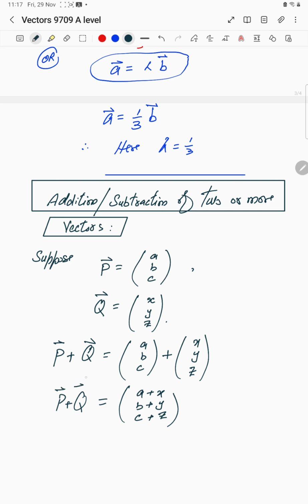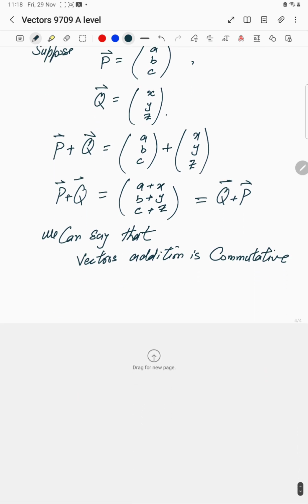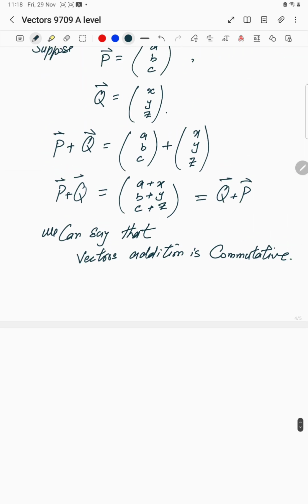So we can say that vector addition is commutative, because p plus q is the same as q plus p, so the order doesn't affect it. I hope it is clear.